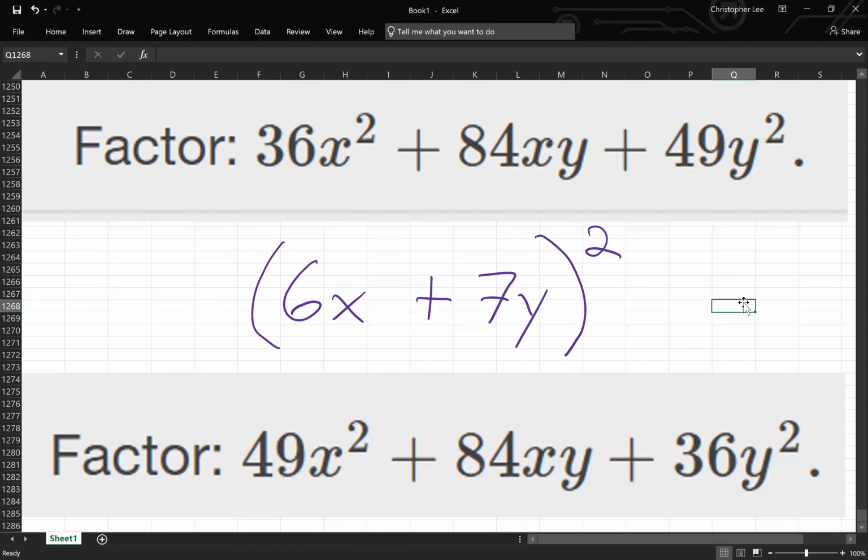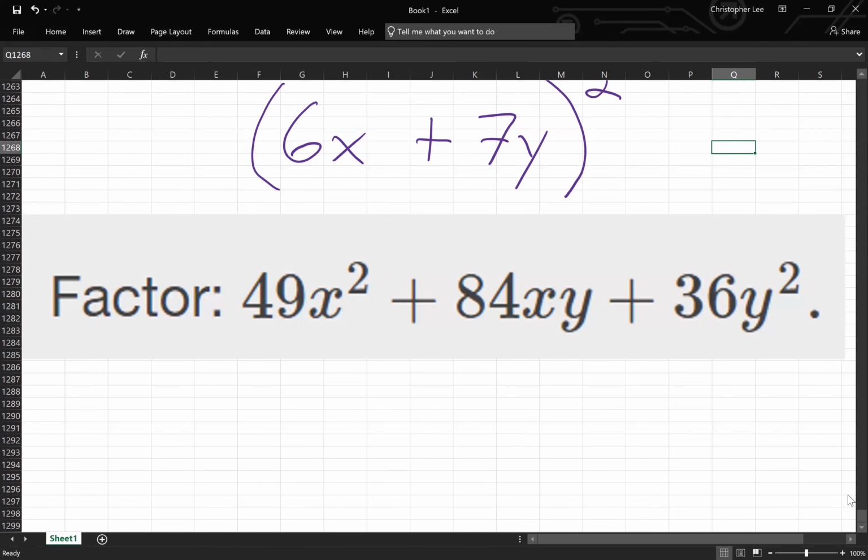All right. Help me out. What's the answer? So I heard 7x. Very good. That's it.